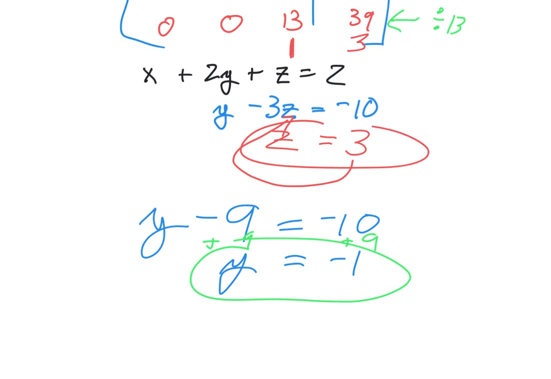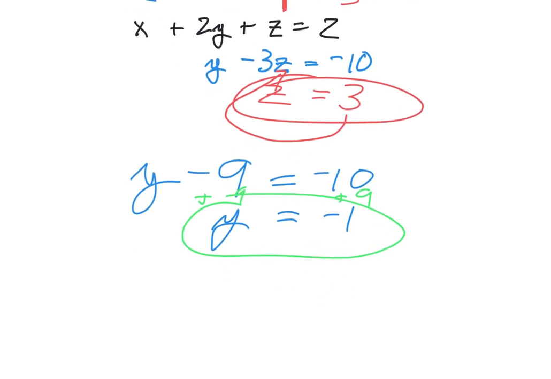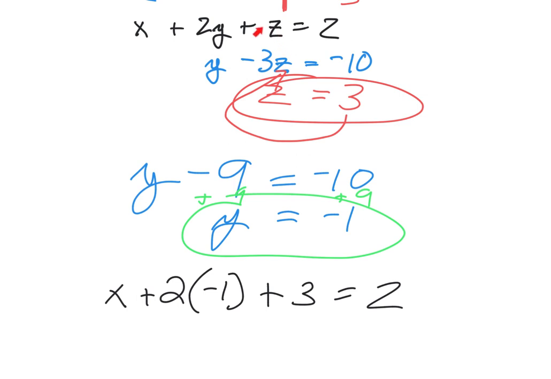The z was 3. Take my last equation, x plus 2 times y, negative 1, plus z, 3, equals 2. As I said in the past, I always cross my z's. I don't cross my 2's because they look very similar. That's a 2, that's a z.